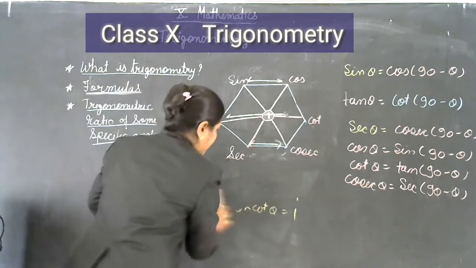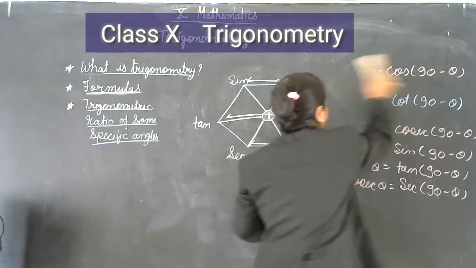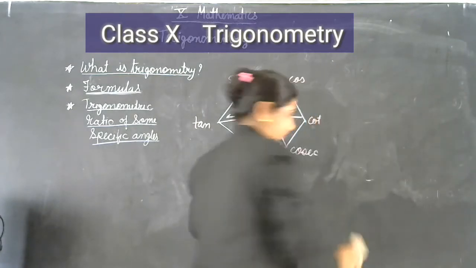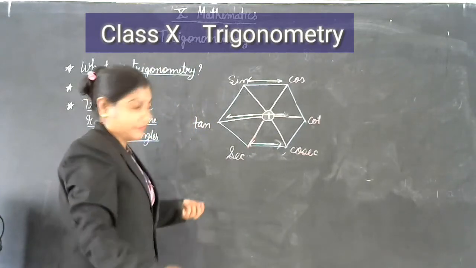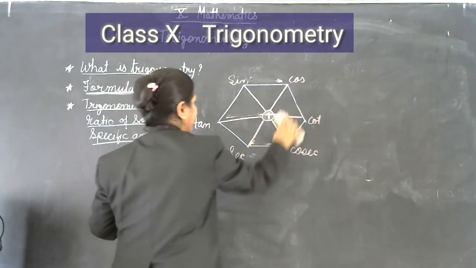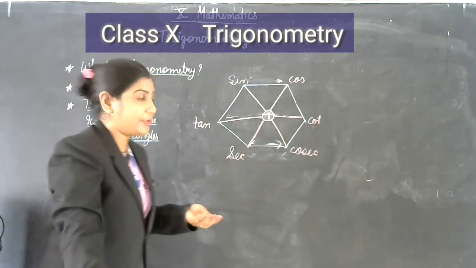Now other formulas. See, here we have 6 triangles in this hexagon, but we highlight only 3.